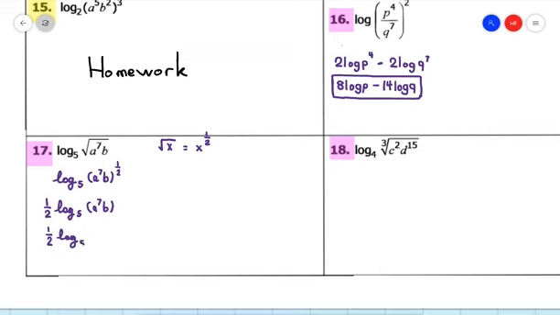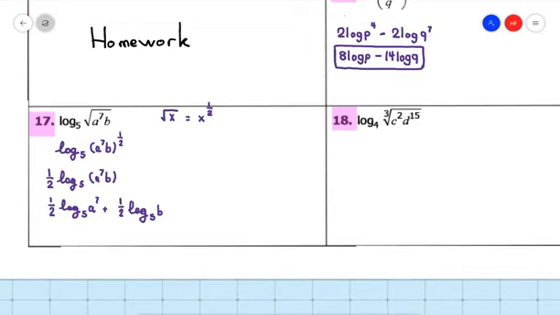I've got 1/2 log base 5, a to the 7th, plus 1/2, remember the b is also underneath that radical, log base 5 of b. And we're not done yet just because that a still has a 7th power on it. So we're going to move it to the front. We've got 7/2 log base 5 of a plus 1/2 log base 5 of b.